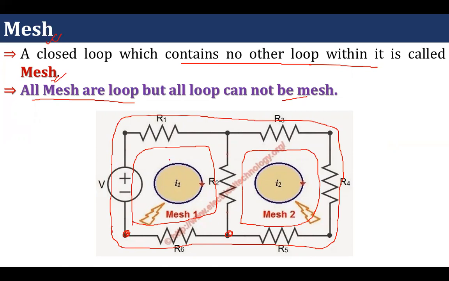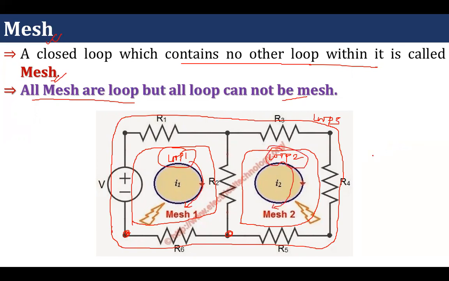If I say this is loop number 1 and this is loop number 2, and this outer one is loop number 3, then loop number 1 and loop number 2 do not have any other loop inside them, and that's why loop 1 is known as mesh 1 and loop 2 is known as mesh 2.